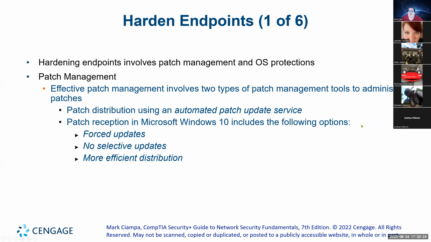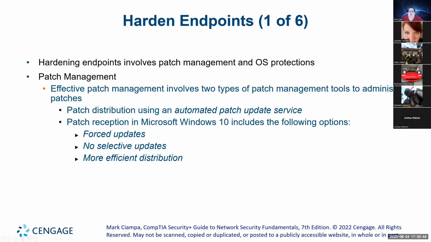Okay, hardening endpoints. So remember me talking about different places that you work, different things. The 2 most important ones, regardless of where you work, are patch management and operating system protections. Regardless of where you work, those 2 will be there.